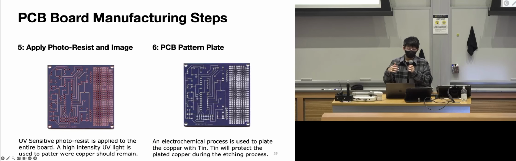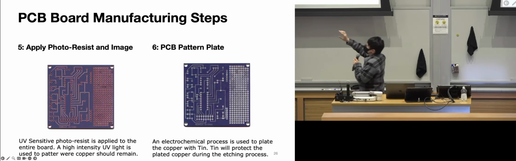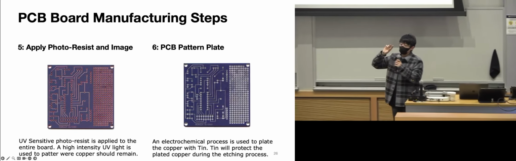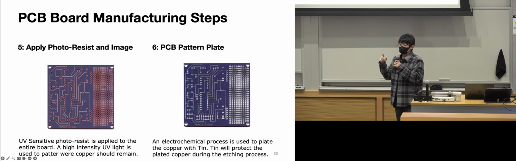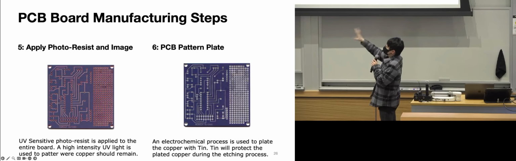And then a photoresist image is projected onto the board. It's UV sensitive, so that all the traces or the spaces that need to have the copper stay on will be left there.